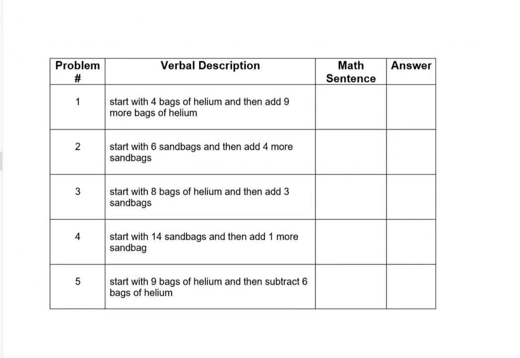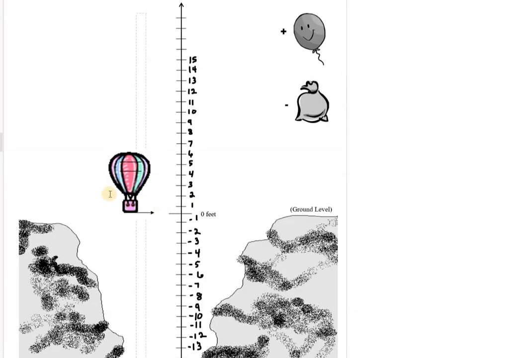Problem number 1. We're going to start with 4 bags of helium and then add 9 more bags of helium. So my math sentence, we're starting with 4 bags of helium, so that's positive 4, and then we're adding 9 more bags of helium. If I go back to my model here, I'm always going to start my balloon model at 0. And I'm going to add 4 bags of helium.